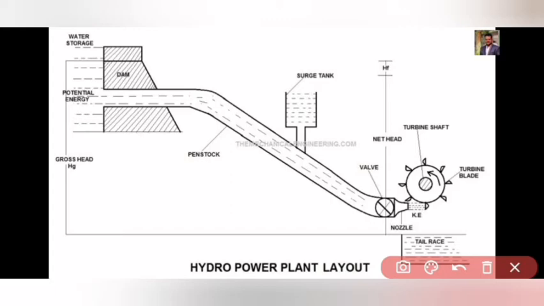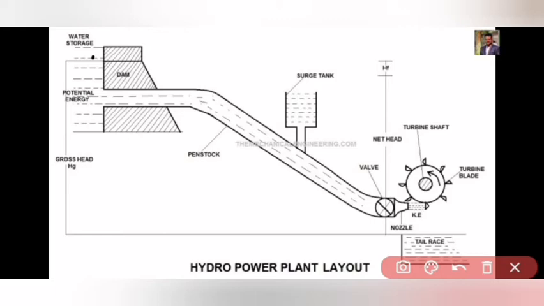First we shall discuss the dam. The dam is basically at a higher level. If the water goes from the higher to the lower level by the help of the penstock, the pressure of the water increases.